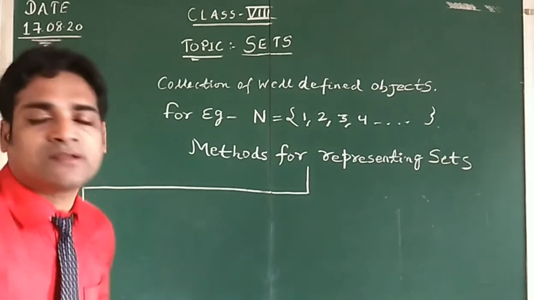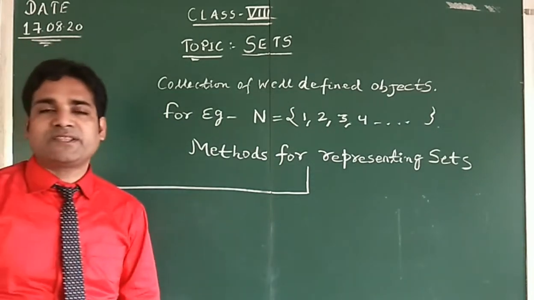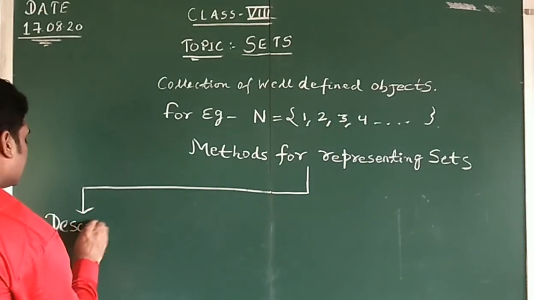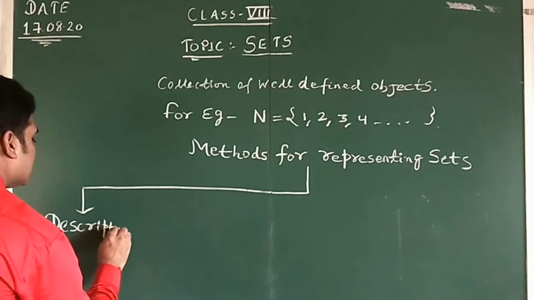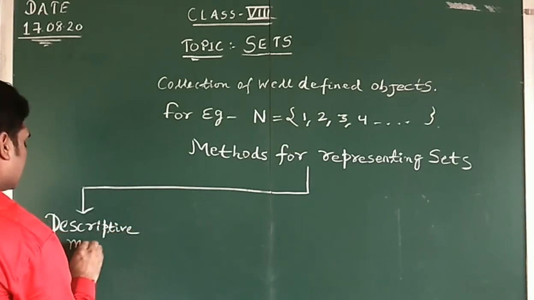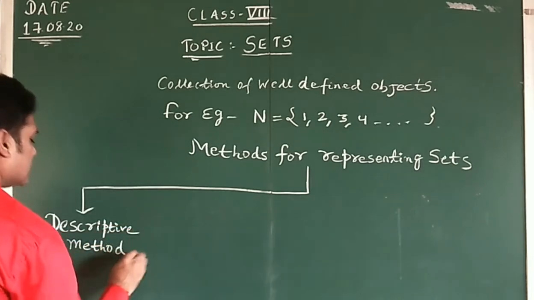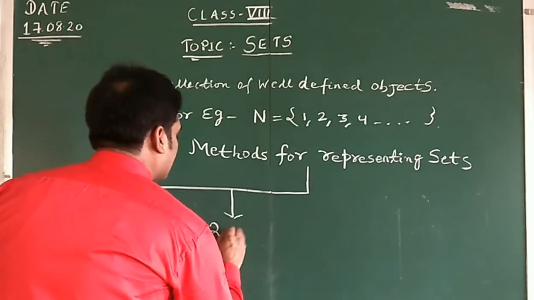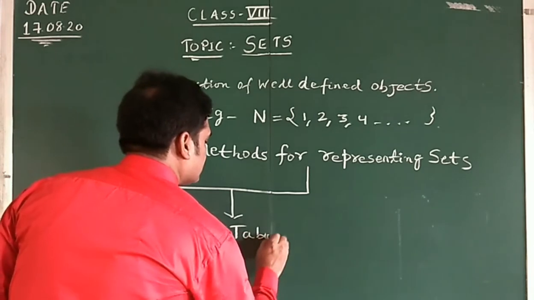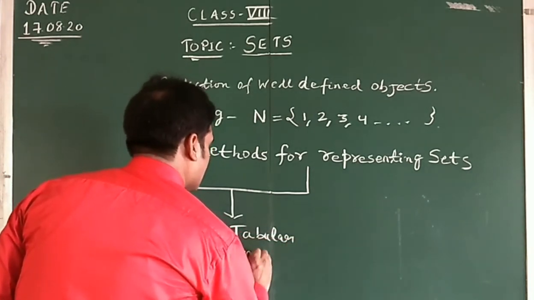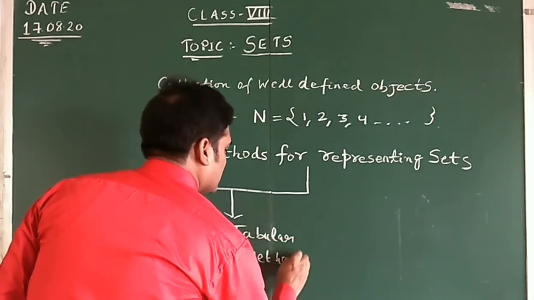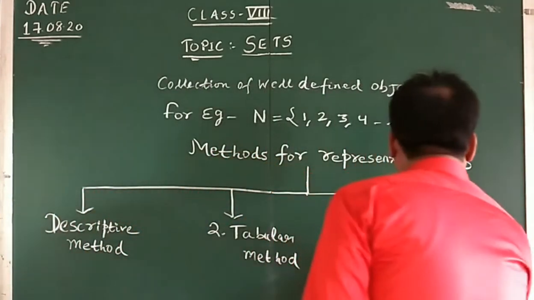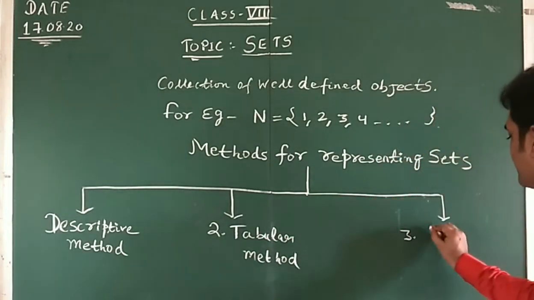The first method is the descriptive method. The second method is the tabular method. And the third method is the set builder method.